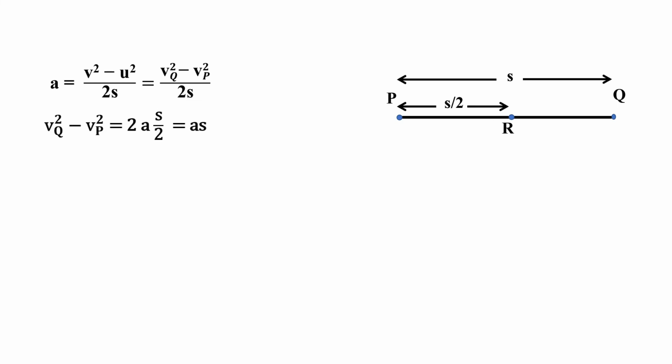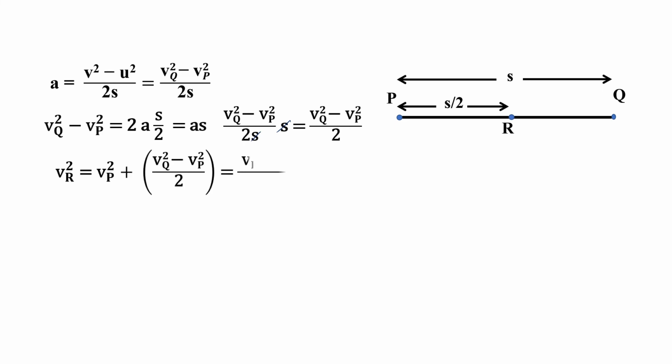So VR squared minus VP squared is equal to 2A into S by 2. The 2 gets cancelled, AS. So that is VQ squared minus VP squared by 2S into S, that is equal to VQ squared minus VP squared by 2. Here also S gets cancelled.